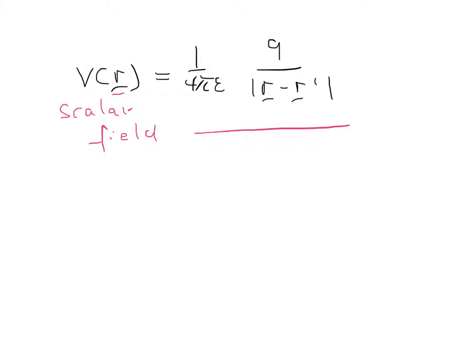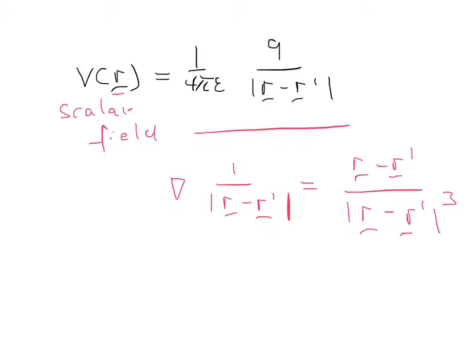Now it has to be like this because the gradient of 1 on r minus r prime can be shown to be equal to r minus r prime, that's the difference vector, divided by r minus r prime cubed.